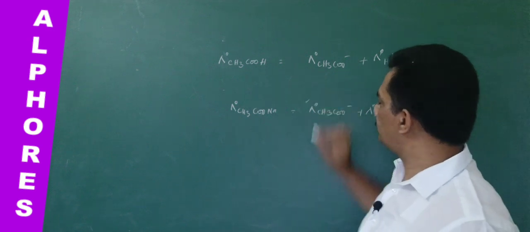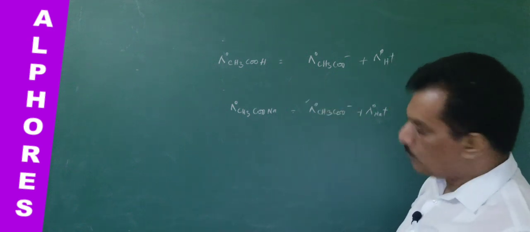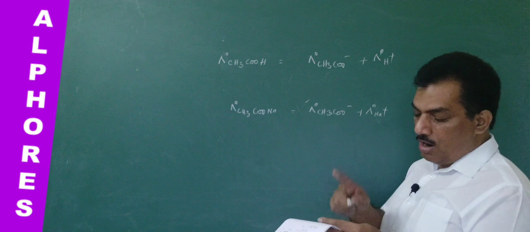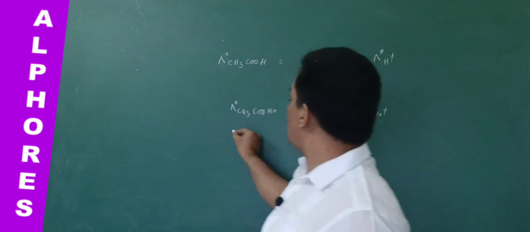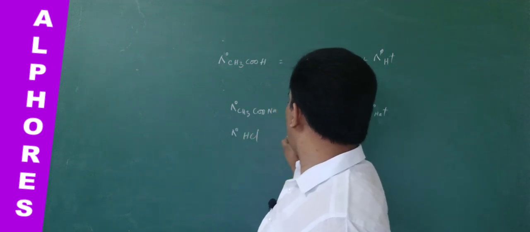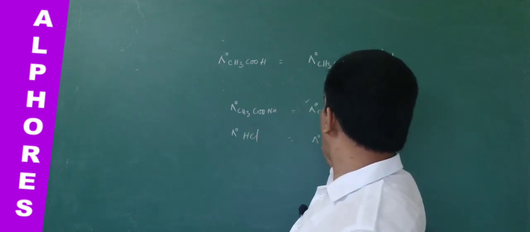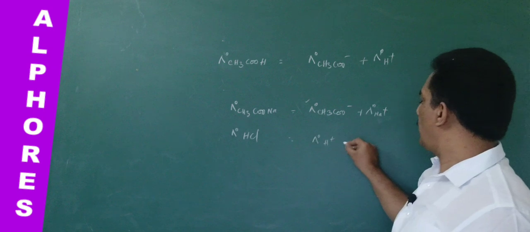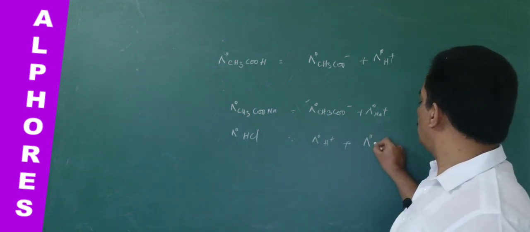We require this. The next one required is H plus, and of the given data HCl has H plus. In this HCl, lambda naught H plus is there and lambda naught Cl minus is there.